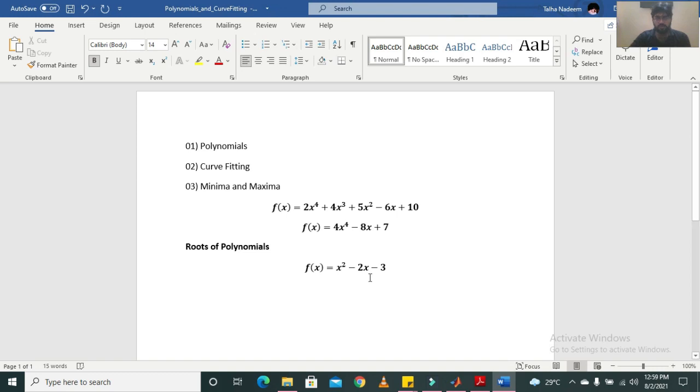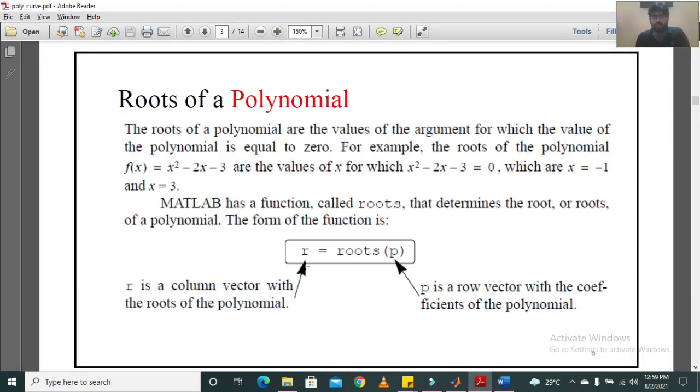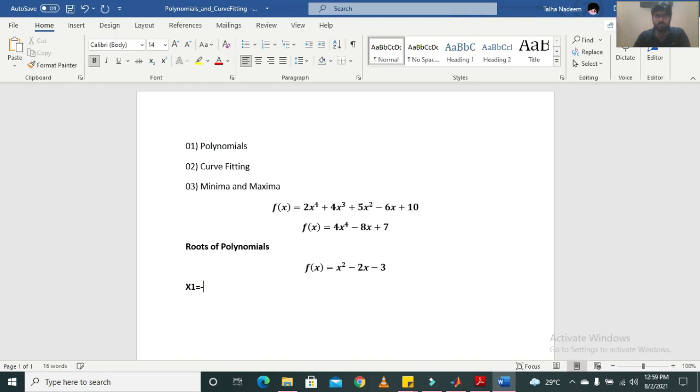The roots will be the values of x which I will obtain. By solving this I will get two answers. The first will be -1 and the second one will be 3.